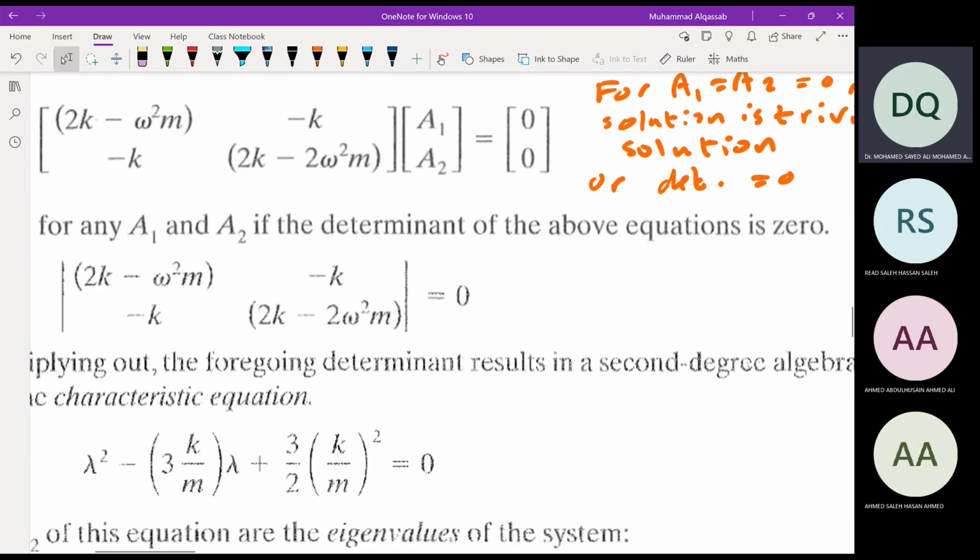The determinant will be multiplying this term by this term, which will be 2k minus omega square m multiplied by 2k minus 2 omega square m, minus, you multiply this by this with a minus.